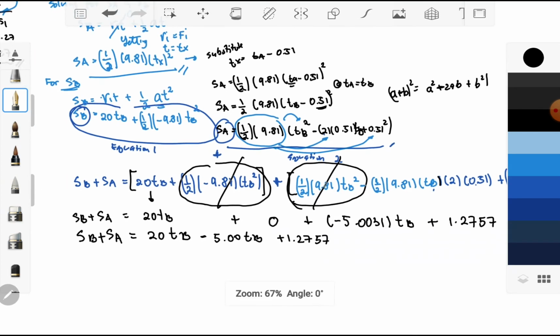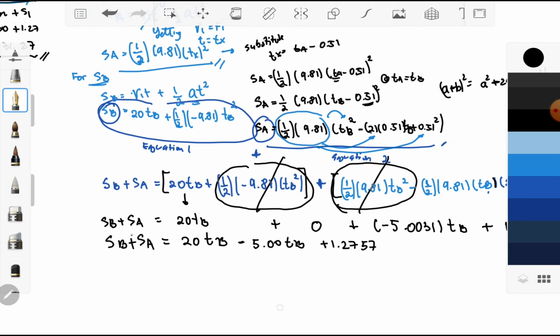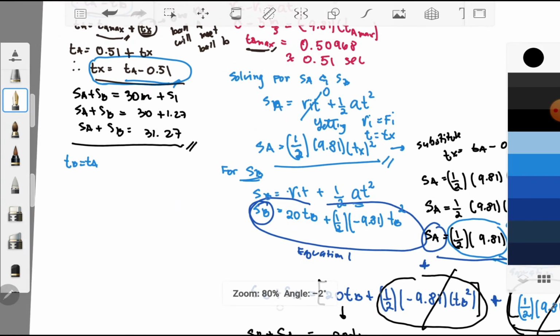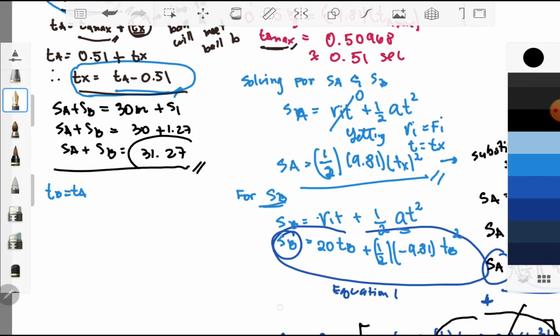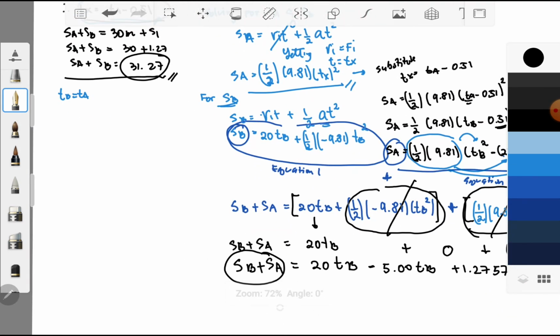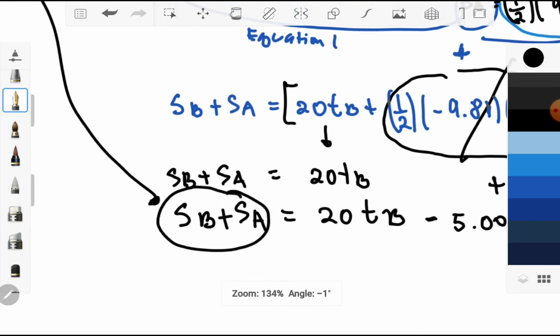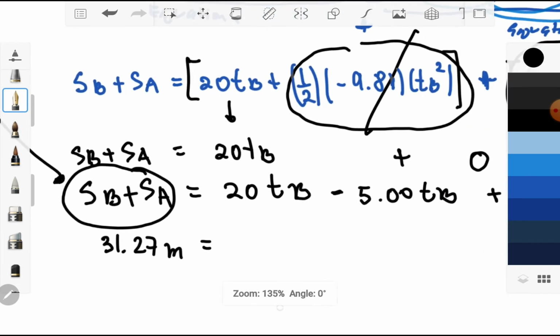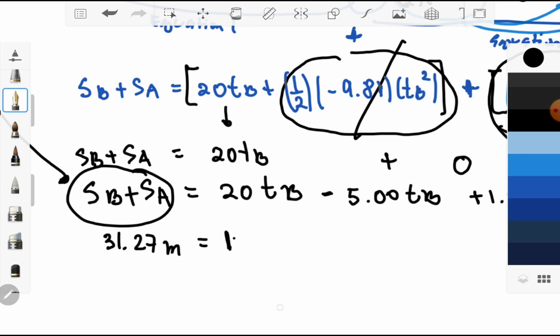Okay, so take note that we have denoted SA plus SB earlier, wherein our SA plus SB is equal to 31.27. So let's substitute this value here because they are the same. So we have SB plus SA is equal to 31.27 meters. So we have our 20 TB less 5 TB is just equal to 15 TB, plus 1.275.